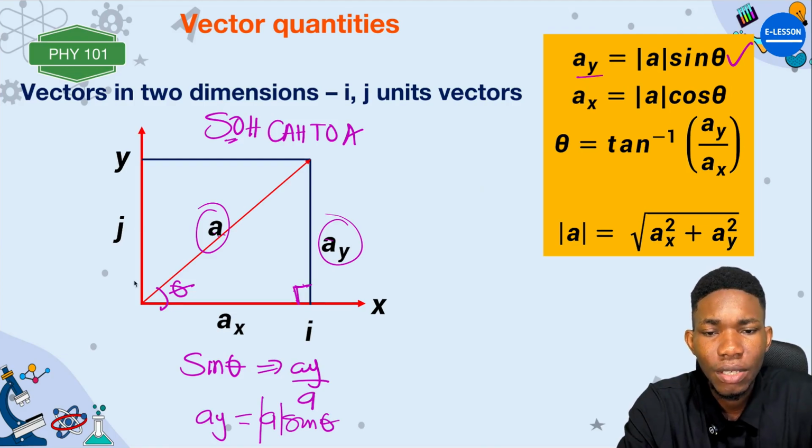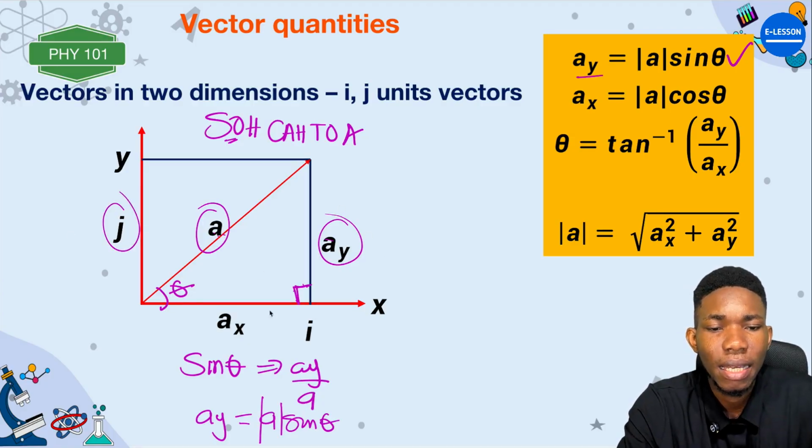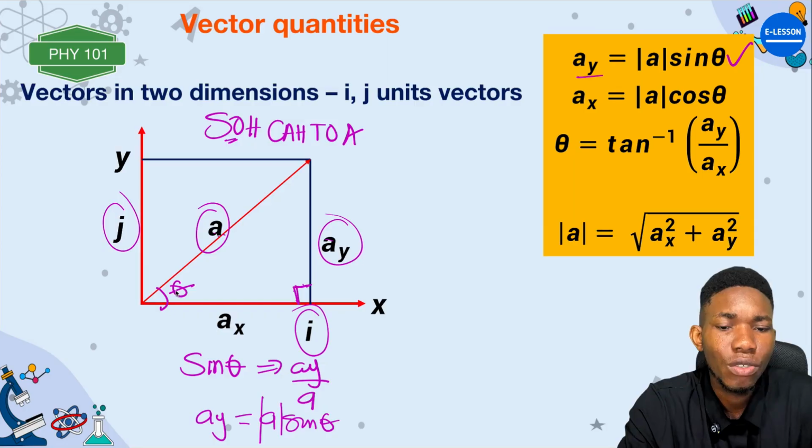This diagram here just tells you that this is a vector A. The vector has y-axis represented by what? j. The vector has x-axis represented by what? i. Then this is the magnitude of the vector. Now they are asking you to find the component of that vector in the x-axis and in the y-axis. You use Pythagoras theorem to get that. A_y is equals to A sine theta, I have shown to you.